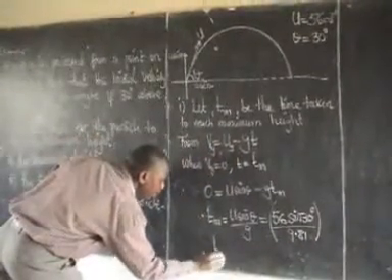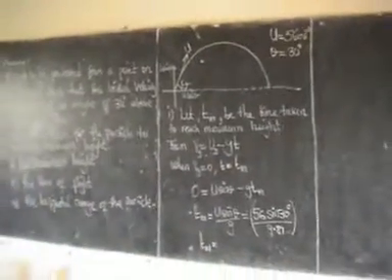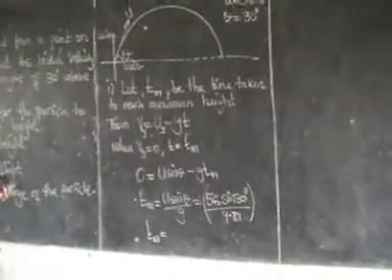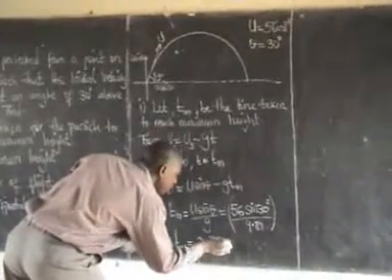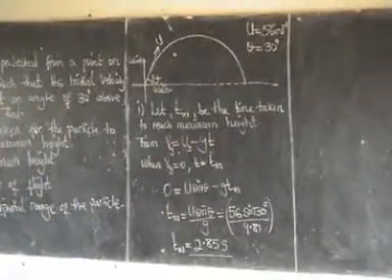When you simplify that, you will get your Tm as 2.85 seconds. So that is Roman 1.